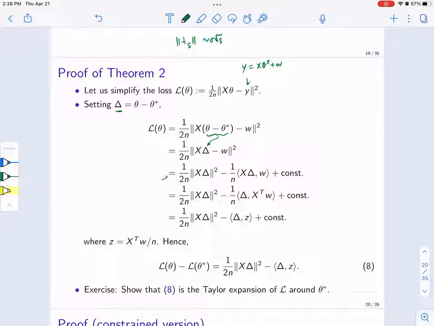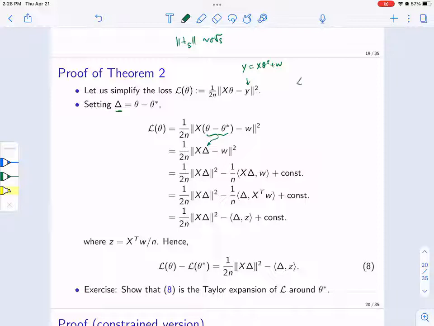So this is true. Then the next one is true. I'm just rearranging this. If you're a functional analyst, you would say x transpose is the adjoint of x. So I can move this to the other side. That's the definition of the adjoint.